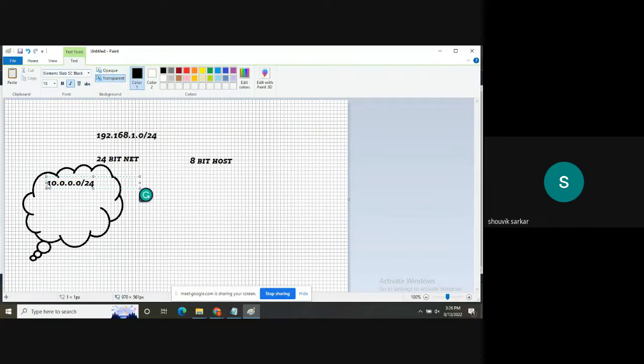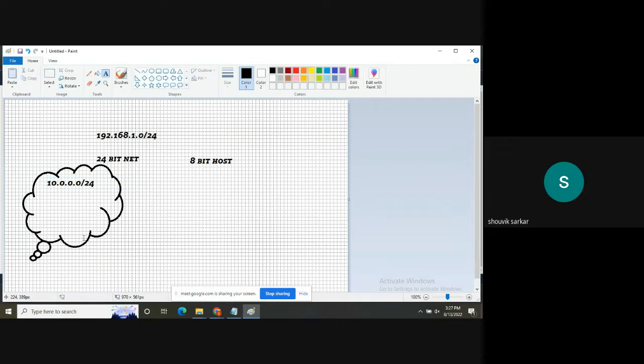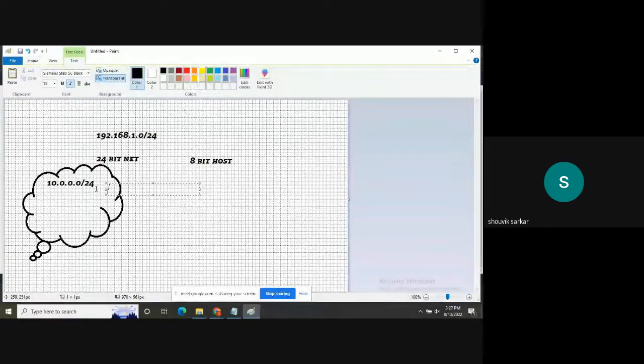If you consider this /24 notation, that means we have a number of computers in this VPC. That is how we calculate: total is 32, and the slash notation is 24, so 32 minus 24 equals 8, meaning 2 to the power 8.